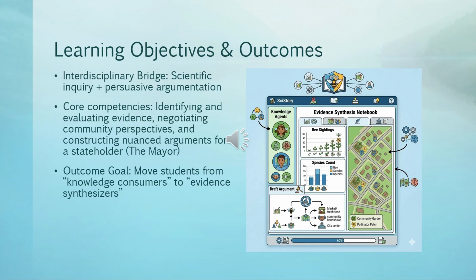Ultimately, the goal of the researchers was that through playing the story game, students would develop a deeper understanding of how to integrate both community needs and scientific evidence into persuasive argumentation to help solve locally meaningful community problems.